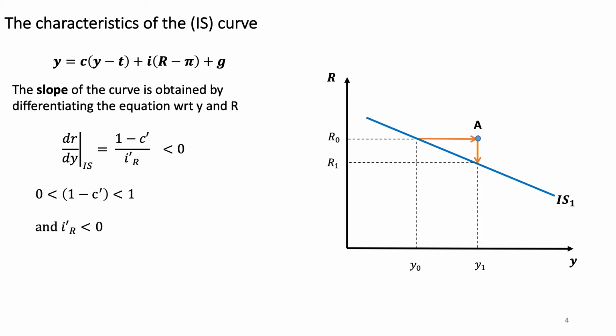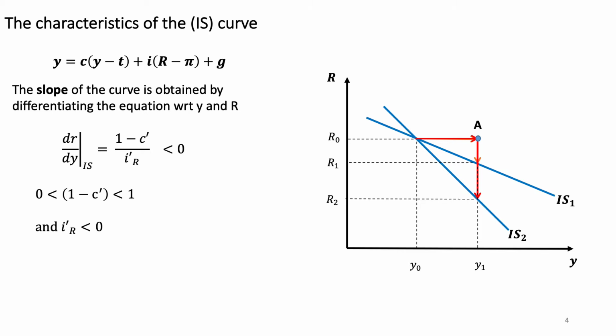Let's now take a different example, an economy where IS is steeper, which is the case for IS2. Starting from the same initial equilibrium, we also go to point A. This time, to come back to the equilibrium, we need a much bigger decrease in the interest rate from R0 to R2 to allow for the necessary increase in investment.